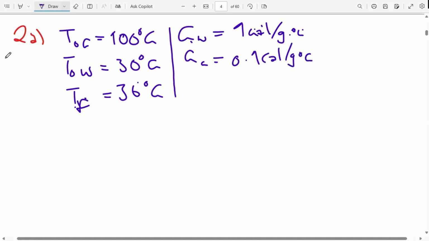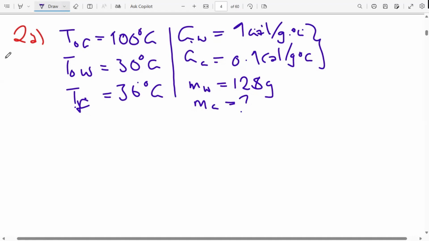They've also given us the mass of the water, which is 128 grams. Since the specific heat capacities are in grams, it's not necessary to convert the mass of water from grams to kilograms, since the units here are both grams. We can just work with it like that. Then we're looking for the mass of the copper, which we don't know.